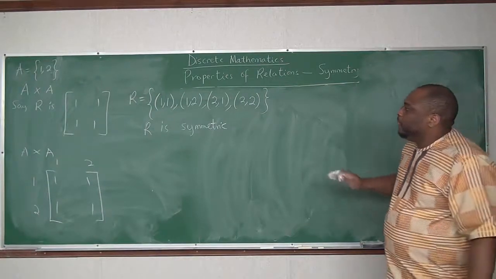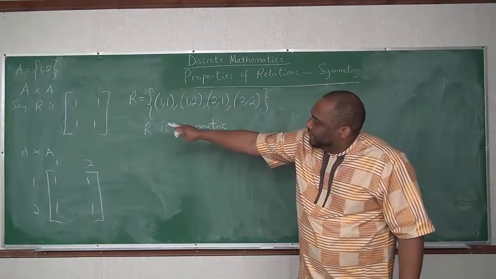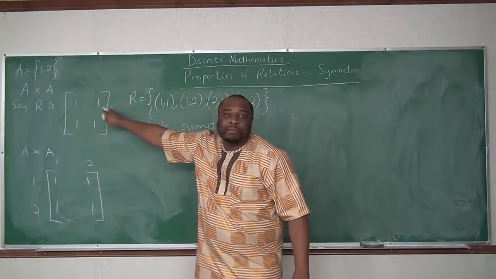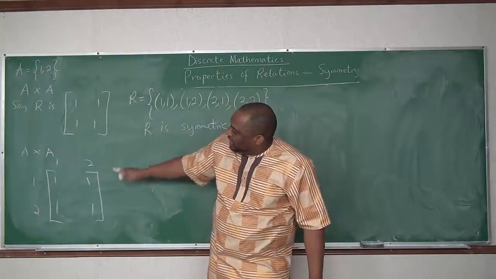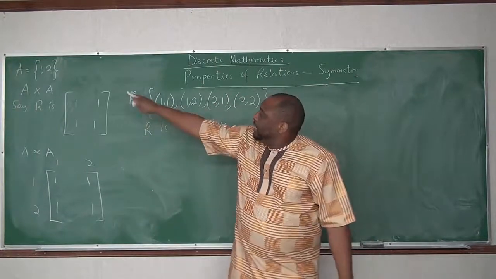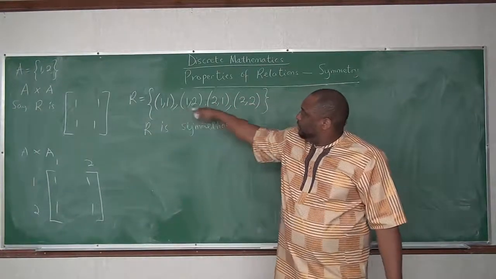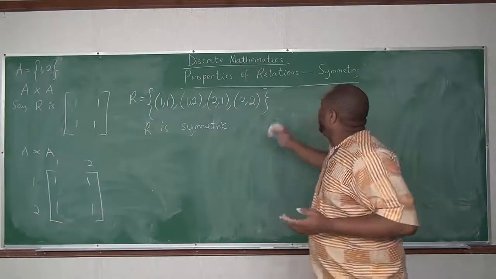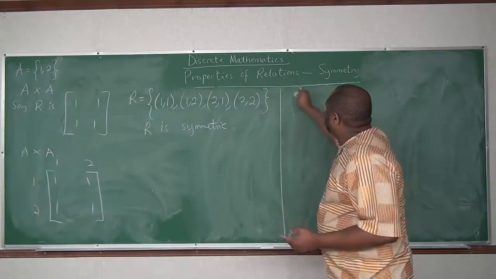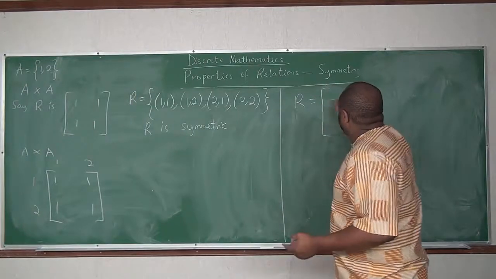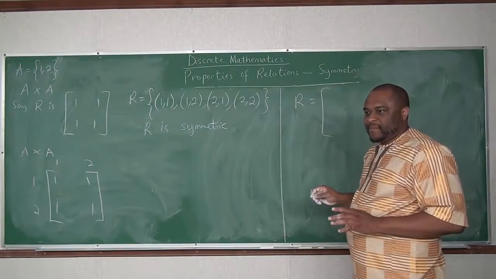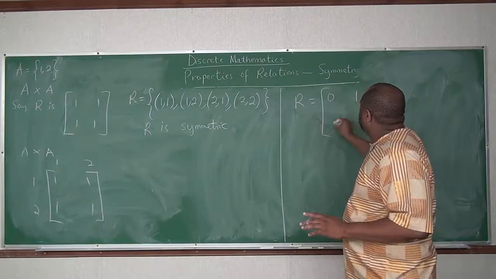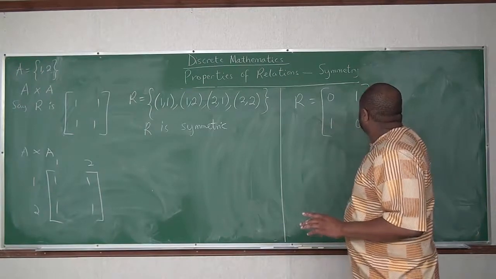How would you know? I just converted it to set form, and I just knew. Okay, what if they gave it to you like this? What if the relation was 0, 1, 1, 0, like this?